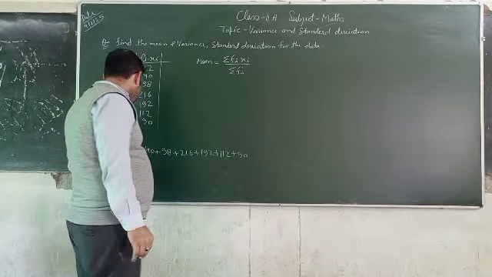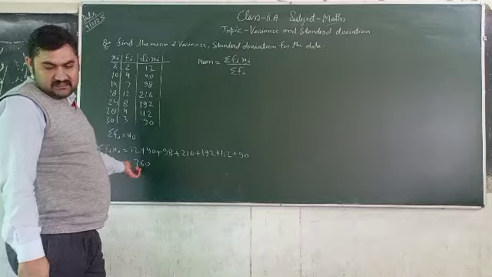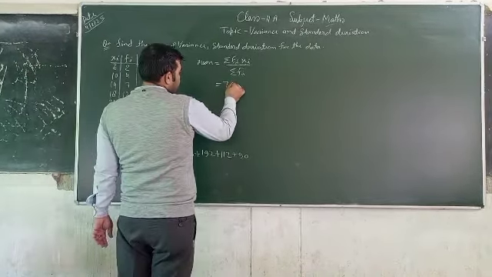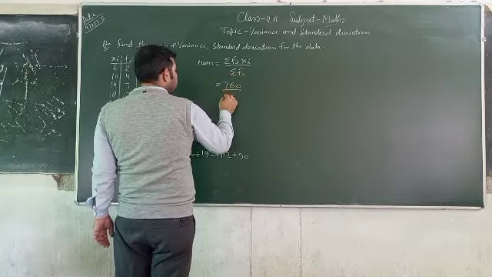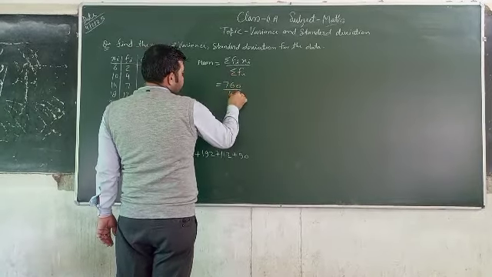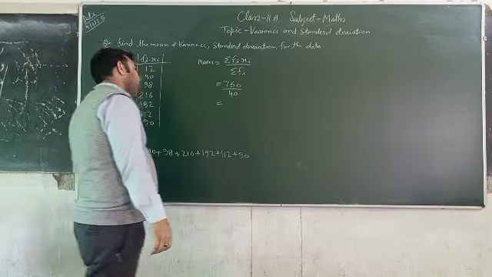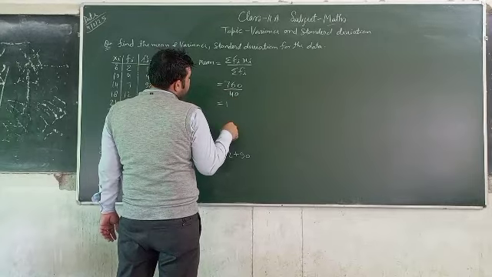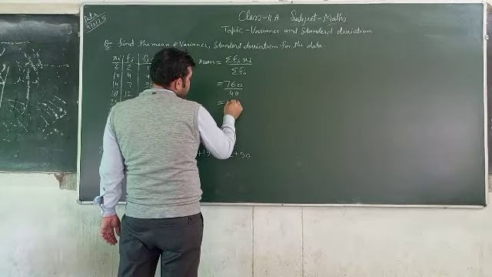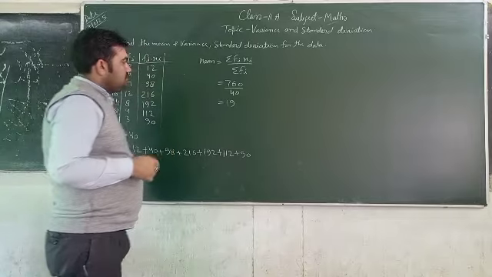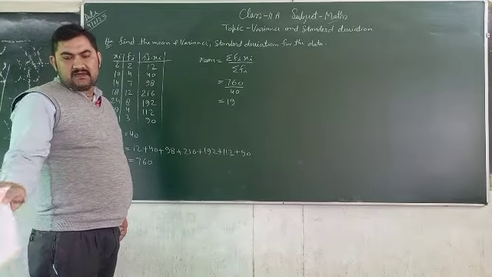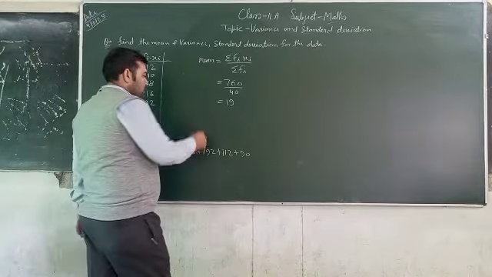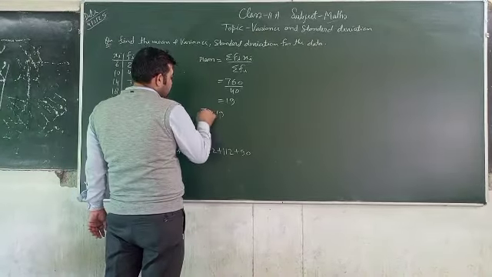Summation fi into xi is 760, this is given, and summation fi is 40, divided by this, and this is your x bar, that is 19.